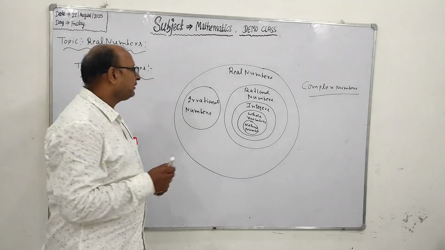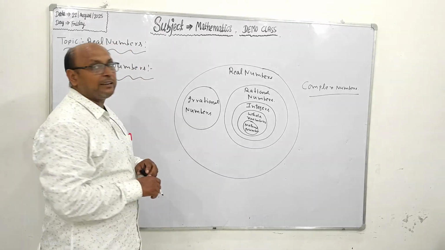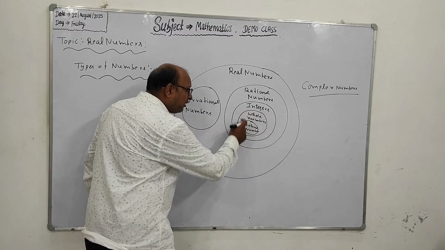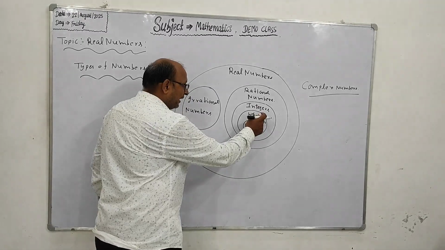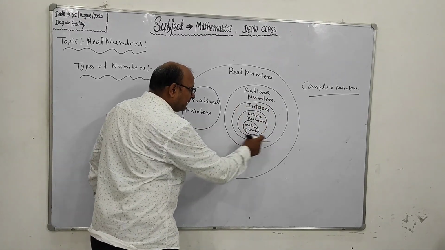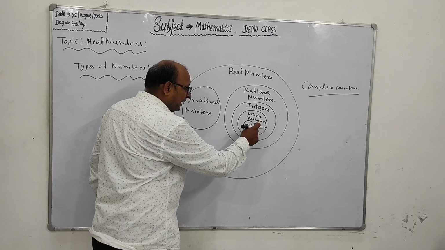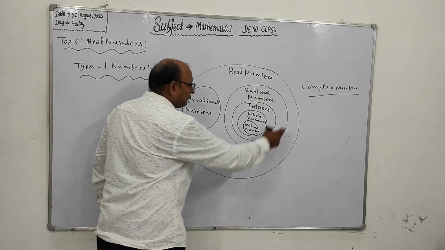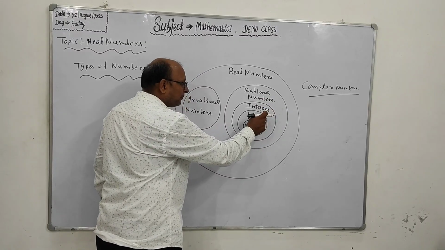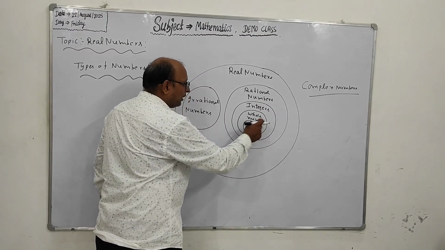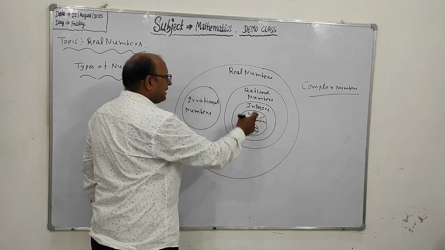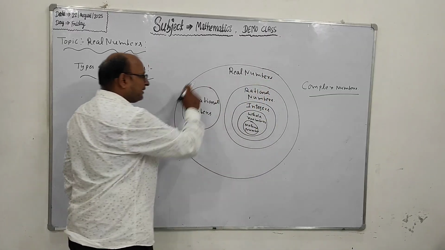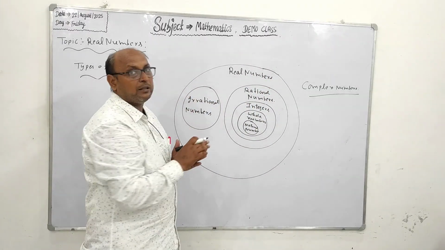Dear students, you can see that all natural numbers are included in whole numbers, and in the set of integers you can see that whole numbers and natural numbers are included, and in the rational numbers you can see that all integers, whole numbers and natural numbers are included. And in the set of real numbers, all rational numbers and irrational numbers are included.